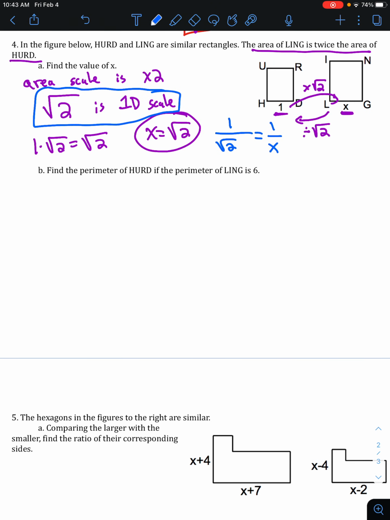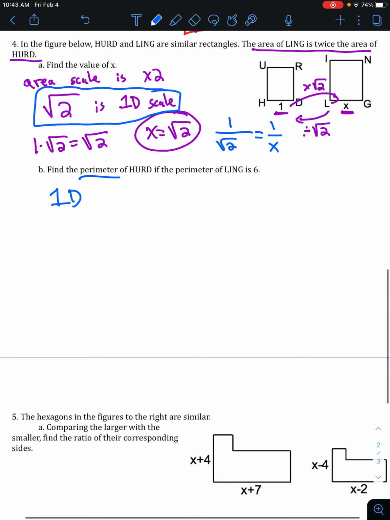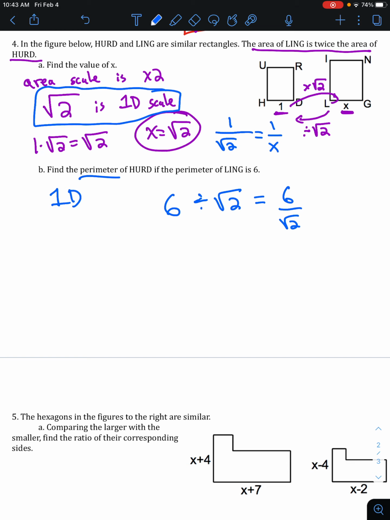Now it says find the perimeter of Herd if the perimeter of Ling is 6. So perimeter is one-dimensional. If the perimeter of Ling is 6, and we know that the scale one-dimensionally is to go from Ling to Herd, we would divide by the square root of 2. So this is equivalent to 6 over square root 2.